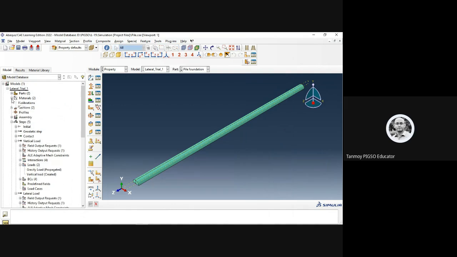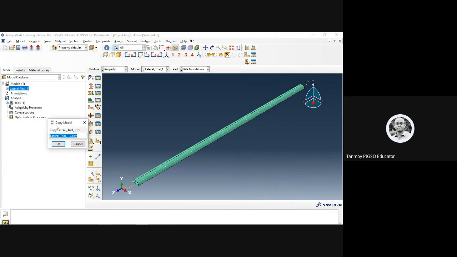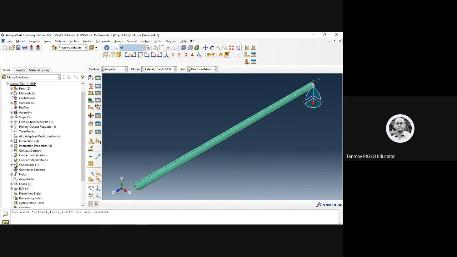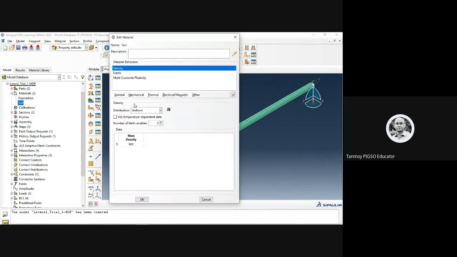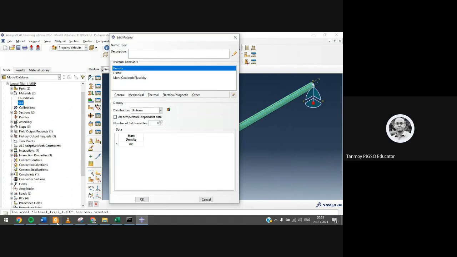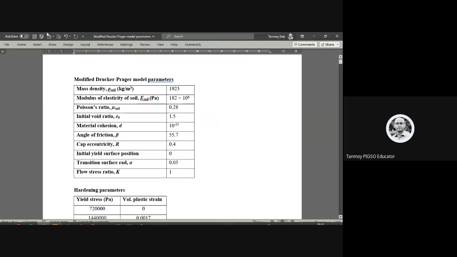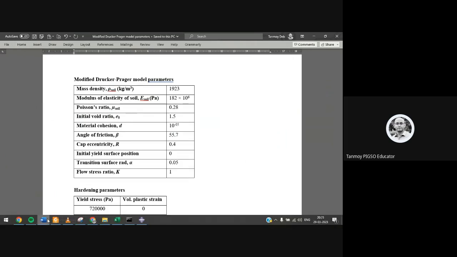I'll just copy this model and name it MDP, modified Drucker-Prager, or the cap model. Here my density is 1923 kg per meter cube.